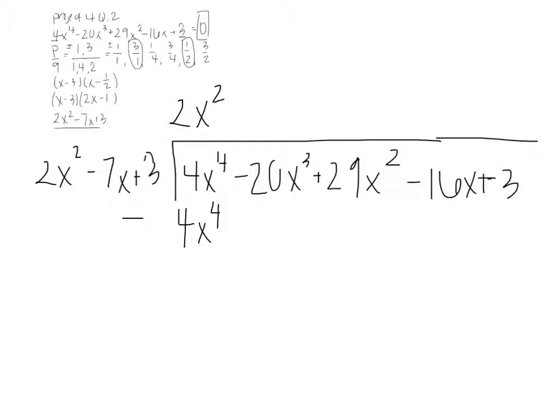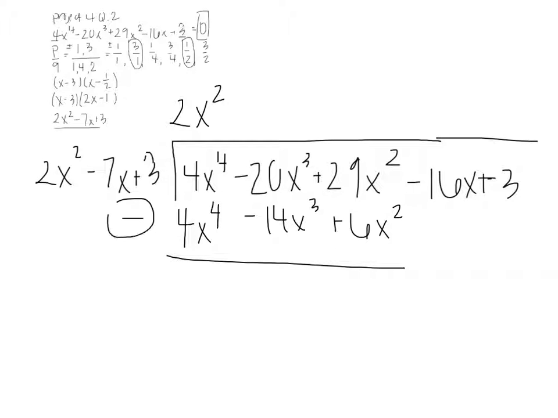And then we multiply 2x squared by negative 7x, and we get negative 14x cubed. And then we multiply 2x squared times 3, and we get plus 6x squared. Okay, and you have to remember that it's a negative. So 4x to the 4th minus 4x to the 4th is going to give us 0.